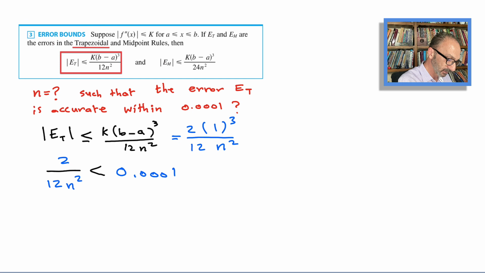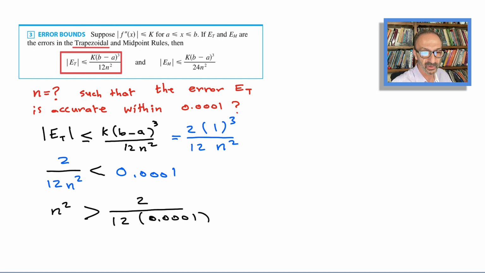By doing that, we get n to the second. I'm doing 2 steps in one. It's going to be on the right side with the greater sign to it if you read it from the right side, but I'm switching it over: greater than 2 over 12 multiplied by 0.0001, and we're solving for n.